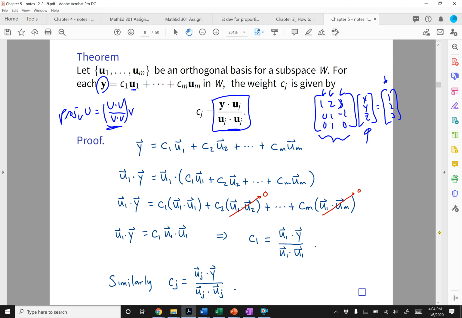We really are just projecting this vector y that we care about. In my example, it's over here, this 1, 2, 3. We're just projecting it onto each of the basis vectors, and the coordinates just tell you how much you go in each of those basis vectors. Well, that's what the coordinates tell you anyway, but you can find that just from projection.